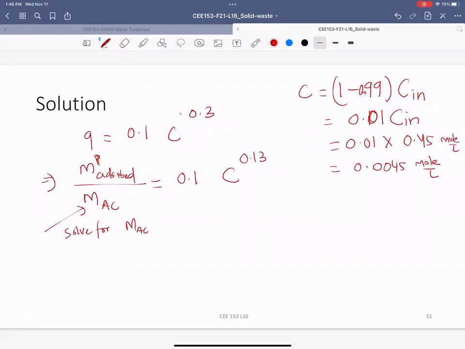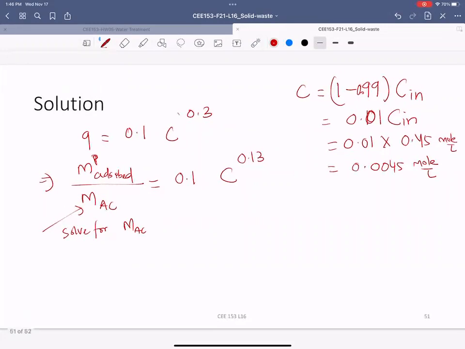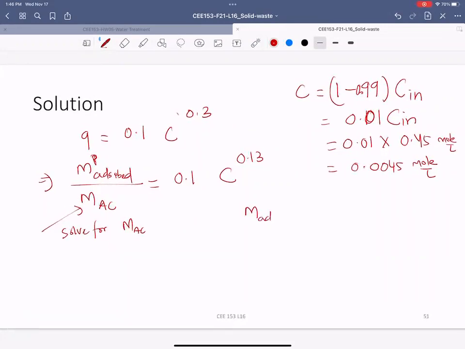And what is M absorbed? How much pollutant is absorbed, you can also predict, because everything that is not in water has all gone to the activated carbon. So if you know the initial concentration and the final, the difference is what goes to activated carbon. And you know the volume, so concentration times volume is the mass.